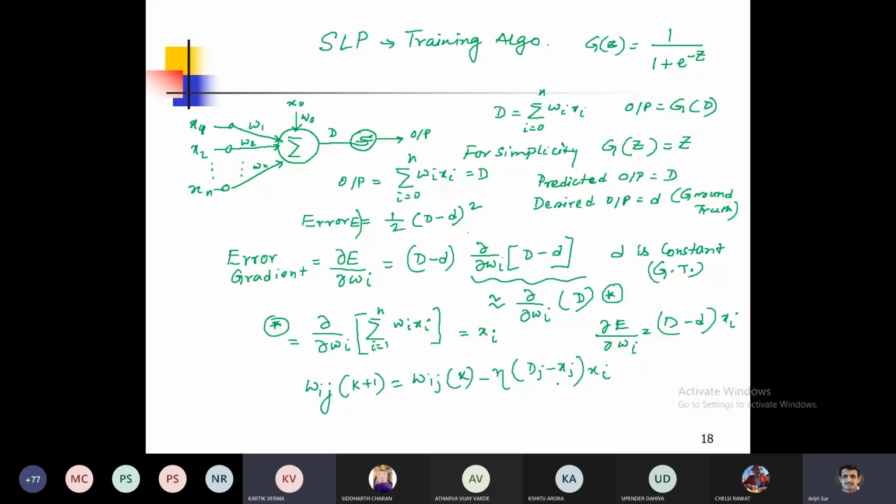Jth column, jth level. So this is the updation rule. In this way, the weights are being updated. If you have any question, you can ask. Up to this much we have done.